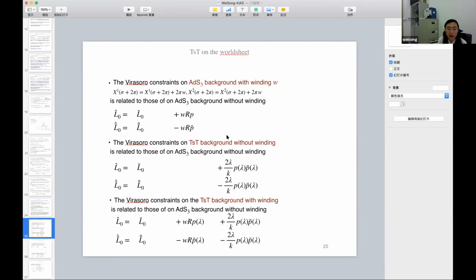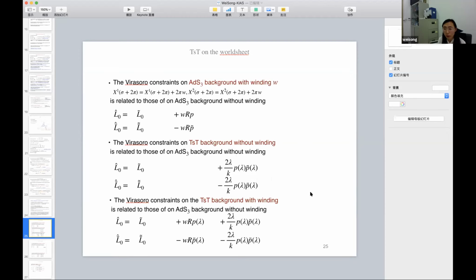And similarly, the Virasoro constraint after this TST transformation can be obtained in a very similar way. It's just that this boundary condition will depend on the momentum. So we can collect all these terms.